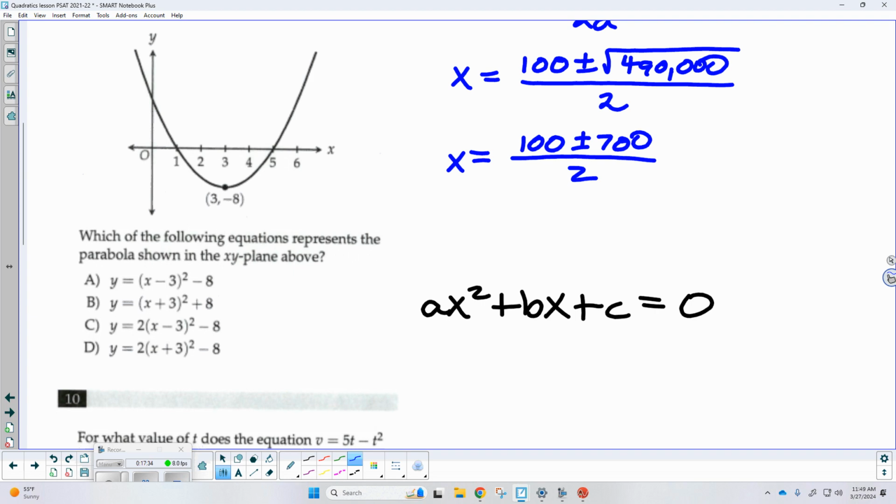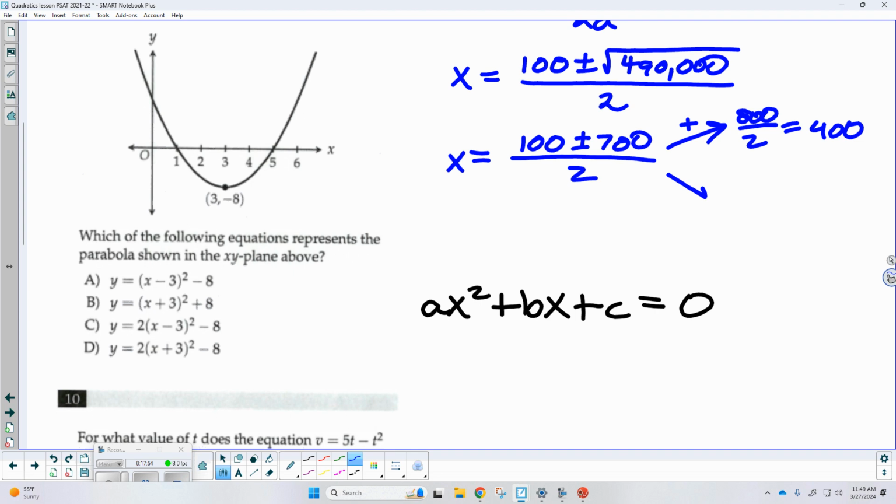Now, how am I getting 2 answers out of this? Yeah, the plus minus. Okay. So for one of these, we'll say this one's the plus. So 100 plus 700, that's 800, divided by 2. So your first root is 400.